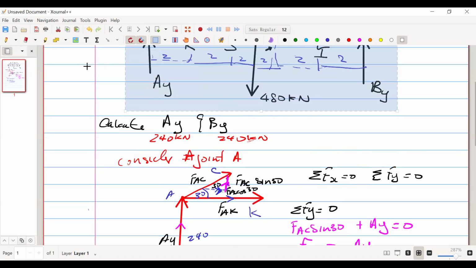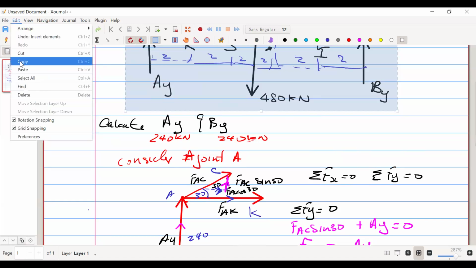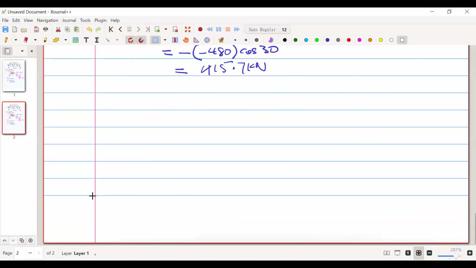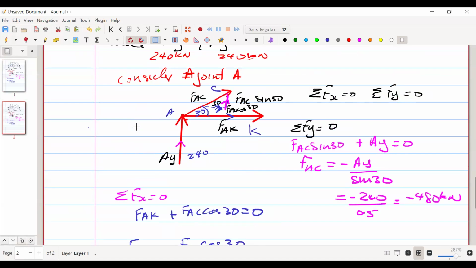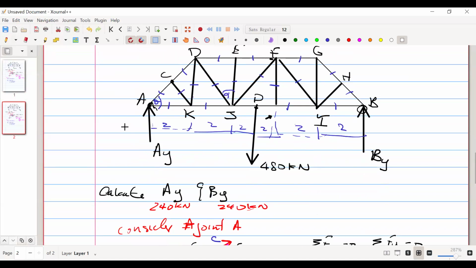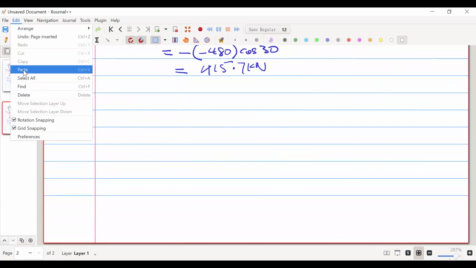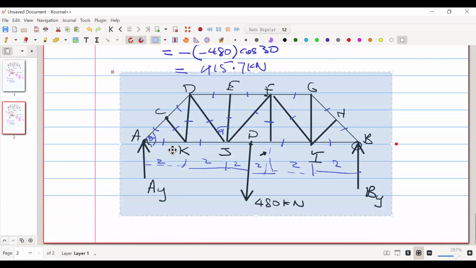Did I tell it to copy? I wanted to copy. Yeah, and I'm not going to disturb it. Let's go over to another page. Wow, that's what it does. Oh, I see. So I am going to paste it. All right.